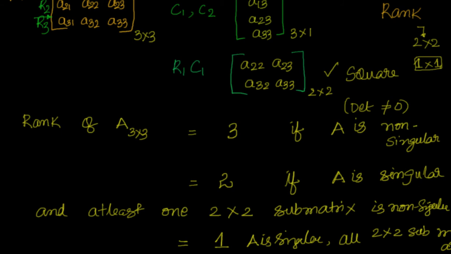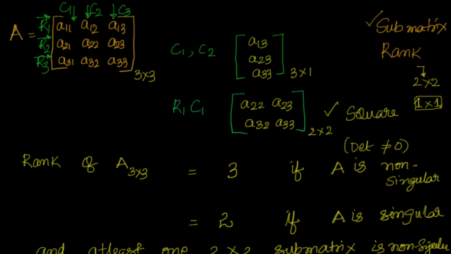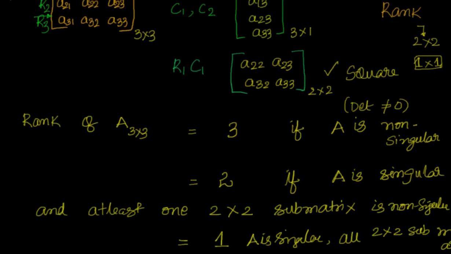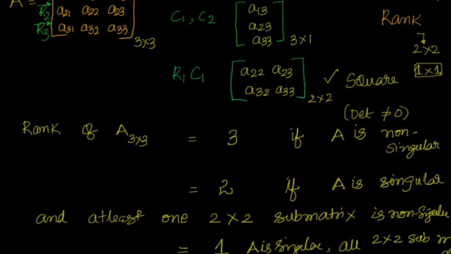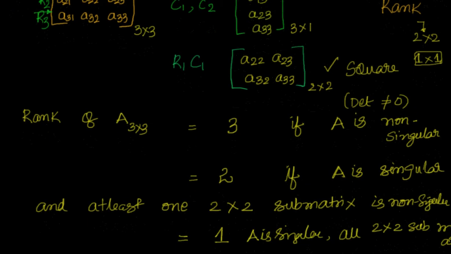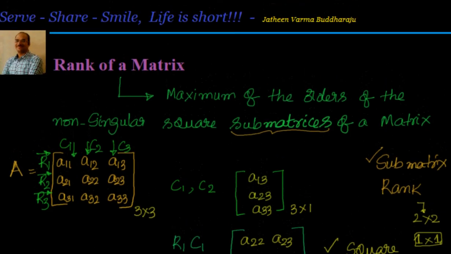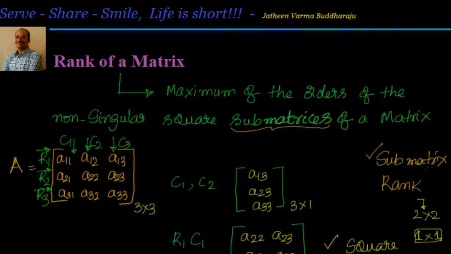If it is 0 and any 2 by 2 submatrix determinant is not equal to 0, then it is 2. If both the cases fail, that means the determinant of A is 0 and all the 2 by 2 submatrices also have determinant 0, then the rank of the matrix is 1. So that's briefly about rank of a matrix.